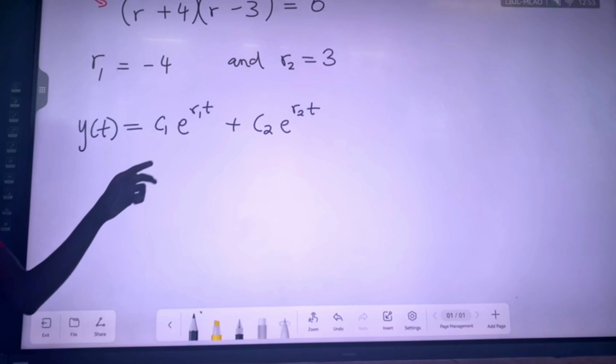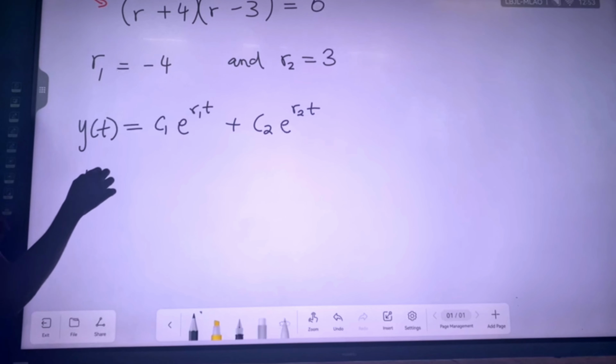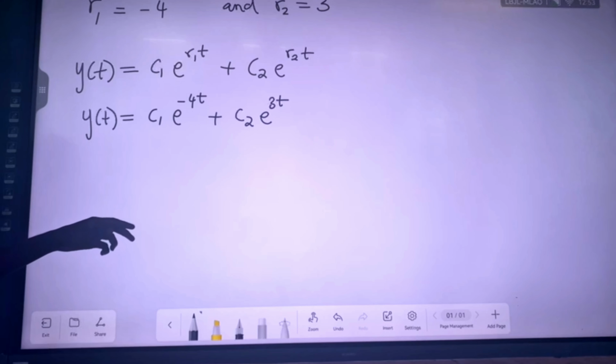So lana again we already have r1 or r2, we just substitute. So the general solution y at t will be c1 wethu is a constant, e to the power of r1 ubani minus 4t siyayibona ngisho, then c2 e to the power of r2 ubani to 3t. And then from lana, if you are given any initial condition, you solve for C1 or C2.